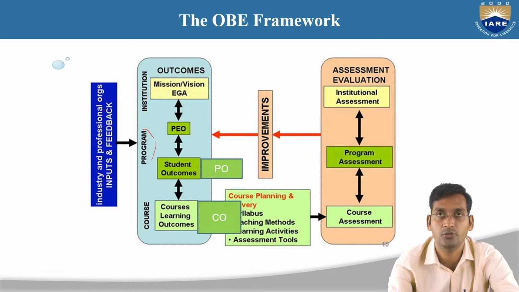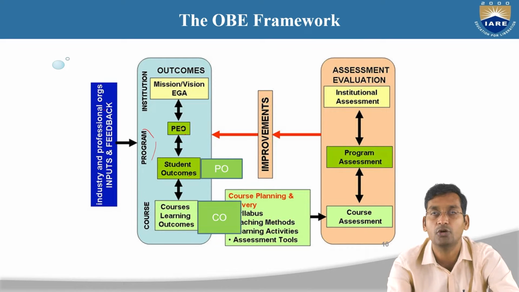From here, PEO, then from PEO, the student outcome. If the student outcome is not there, then according to that the PEO will be changed. Now, if the course learning outcomes and student outcomes are not matching, then again a change is required. If the student outcomes are there and the course learning outcomes are not coming, then something is required to change.